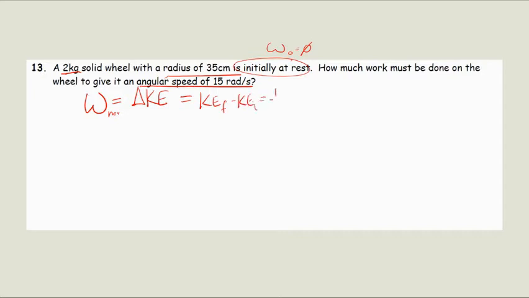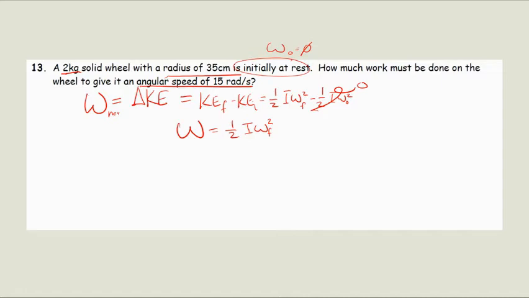And that's going to be 1/2 I omega final squared minus 1/2 I omega initial squared. And because our omega initial squared equals 0, this ends up giving us 0. So our work in this situation is equal to 1/2 I omega squared. So that's going to give us our equation first.